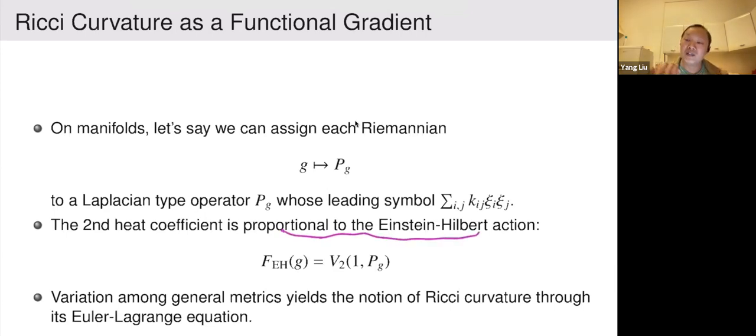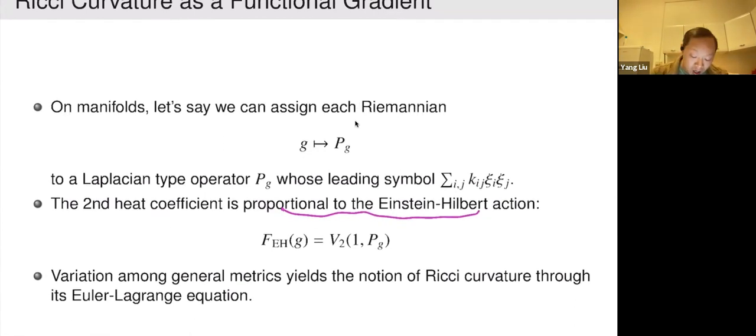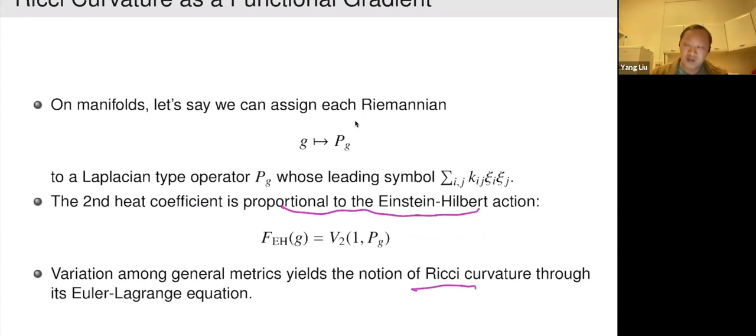If we consider similar variational problems like what we just mentioned for the modular Gaussian curvature, then we will get the analog of Ricci curvature. That's by comparison with the classical result.